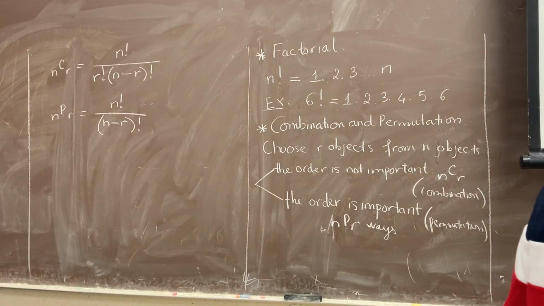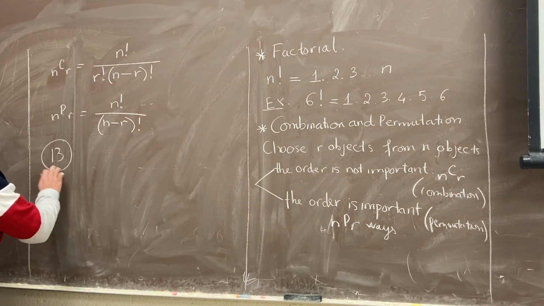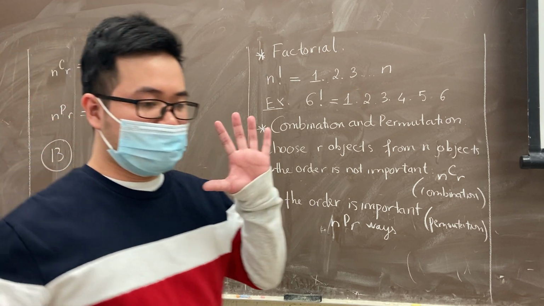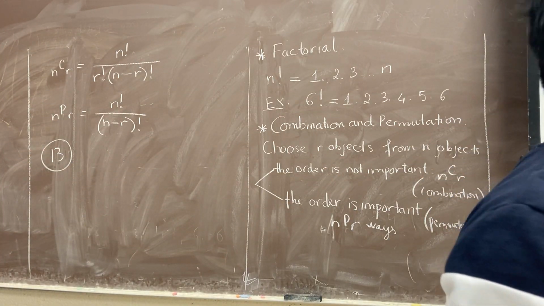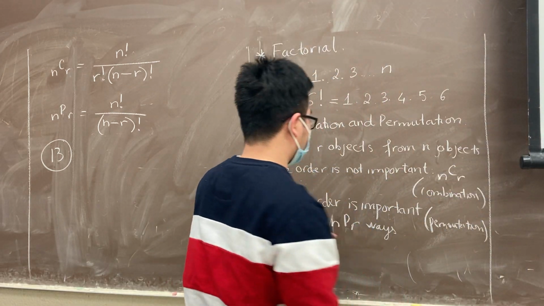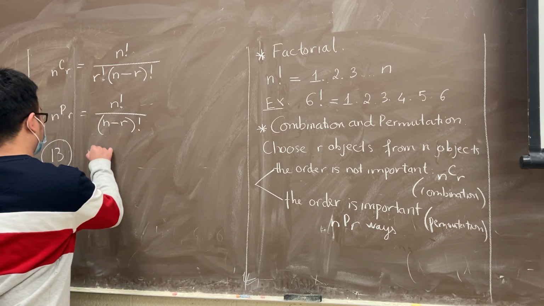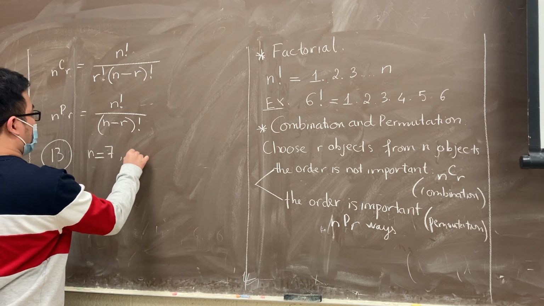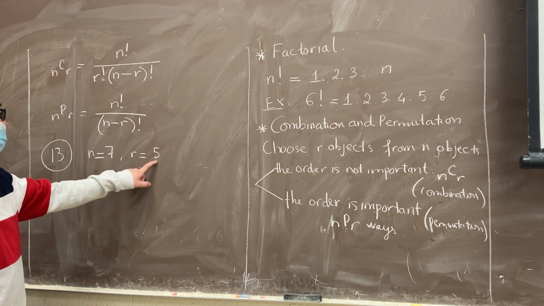Okay. So now the way to choose that. In question 13, we want to choose 5 songs from 7 songs, right? And the order is important. So the answer should be permutation. n in this case is 7, and r is 5, because we want to choose 5 songs from 7 songs.